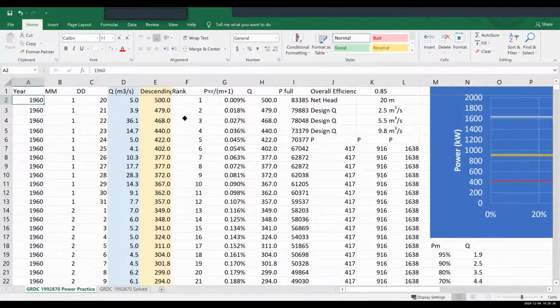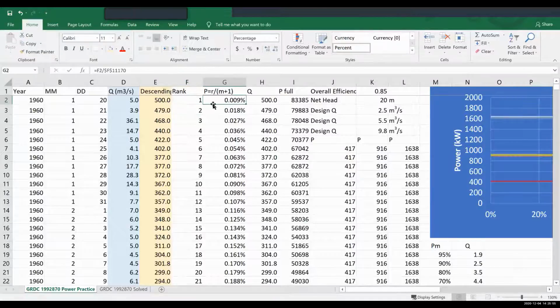So according to the flow duration curve method, we arrange this data in descending order, then get the rank of this data. The highest data will get rank 1, the second highest will get 2, and the lowest data will get the last rank accordingly.